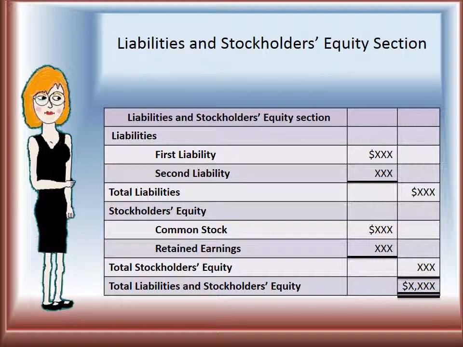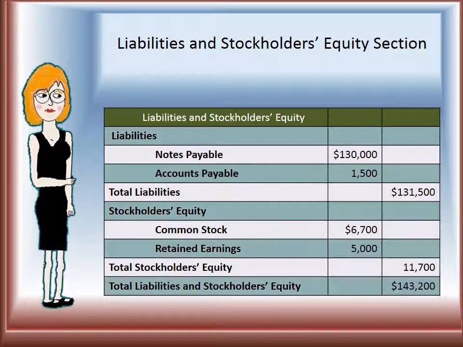We will put total stockholders' equity. Then we'll put the dark underline and put the total over in the right-hand column. And then we will do total liabilities and stockholders' equity. For this, we will add only the two amounts in the right-hand column together, and that will give us our total liabilities and stockholders' equity.